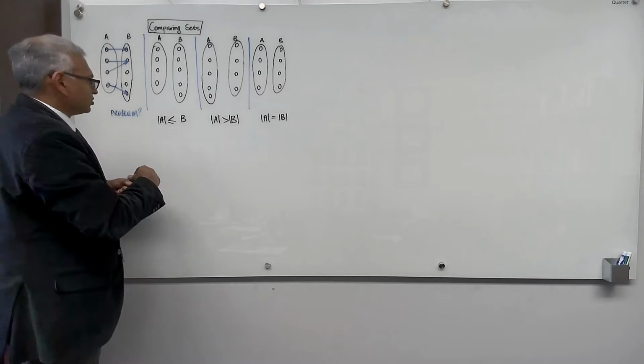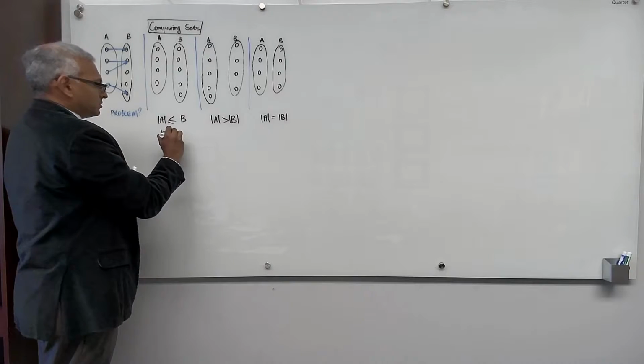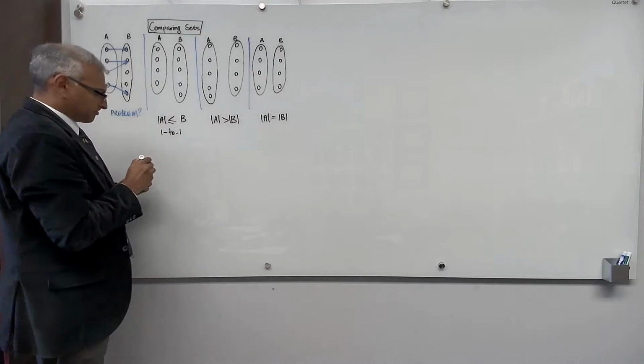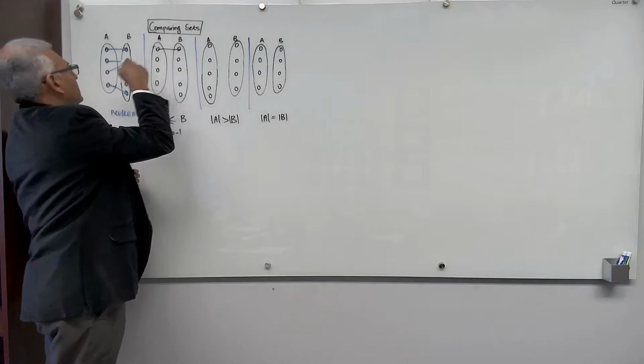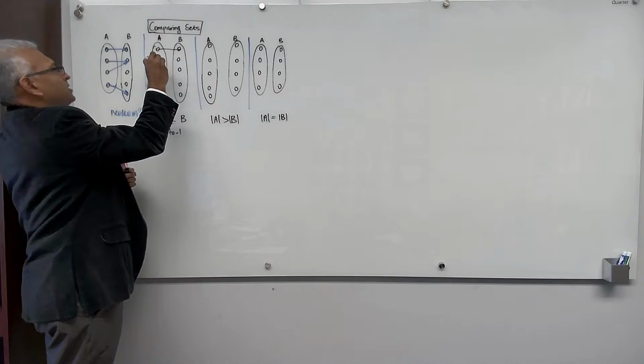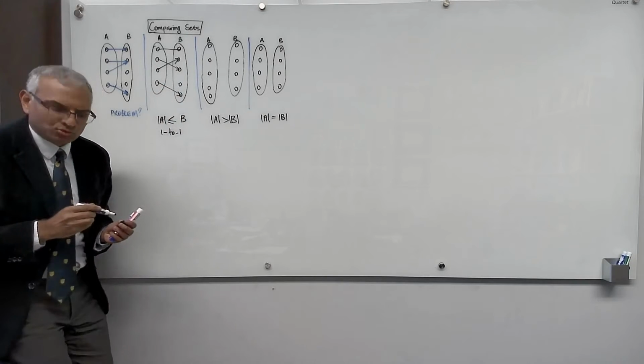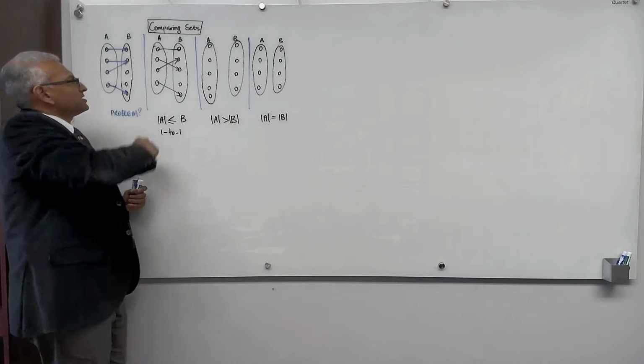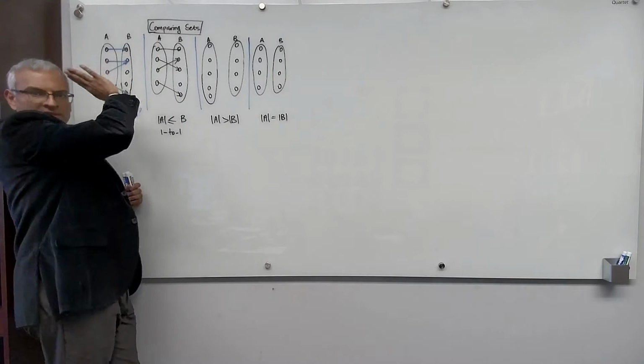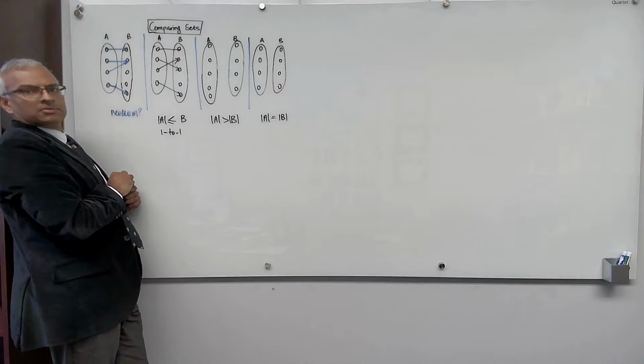Let me show you an example of a one-to-one function. Here, now I'm not allowed to go from here to the same value. So, something like that. There, one-to-one. Now what do we see? Every element of the domain is mapped to some element of the range.